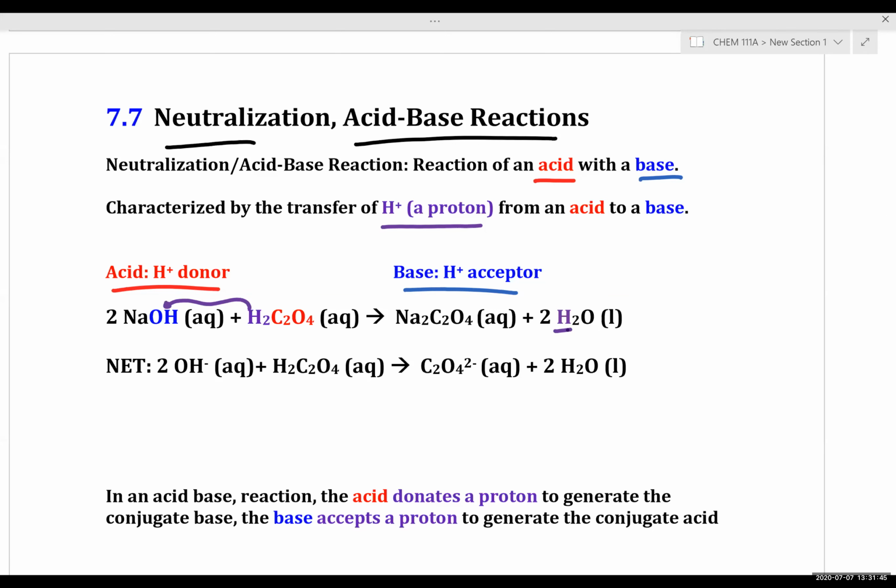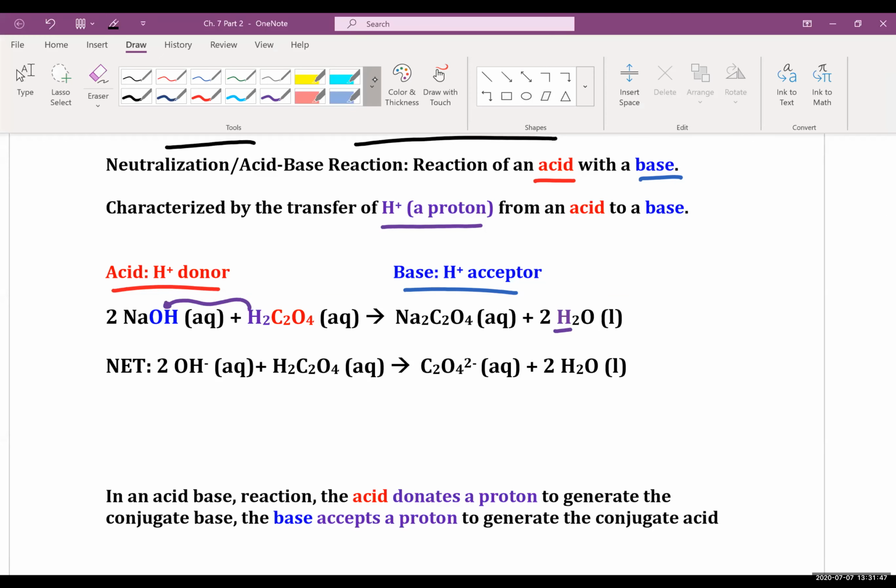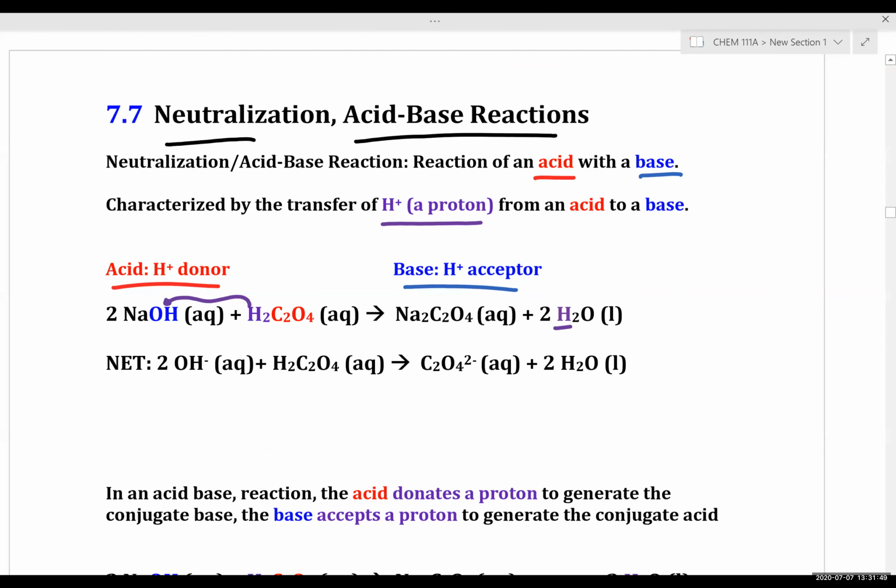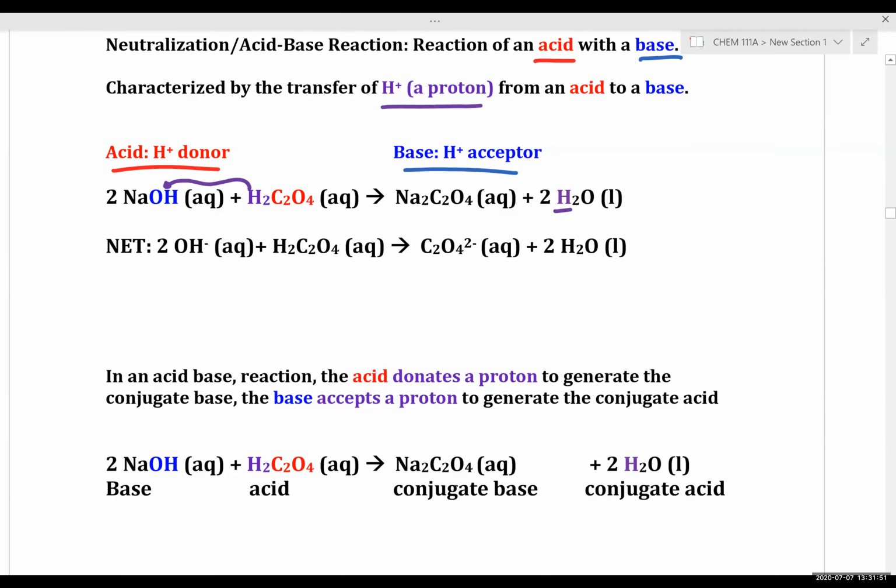Another example of an acid-base reaction would be, for example, hydrochloric acid reacting with lithium hydroxide to yield lithium chloride and water.